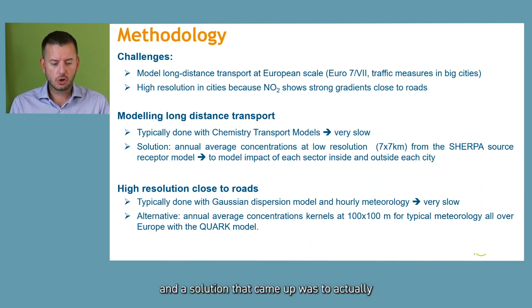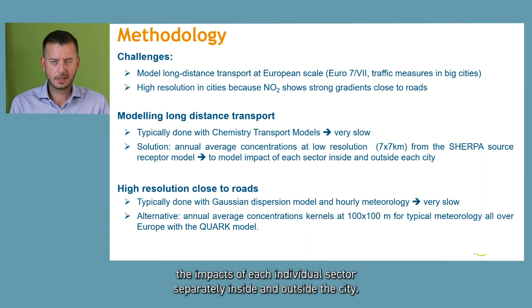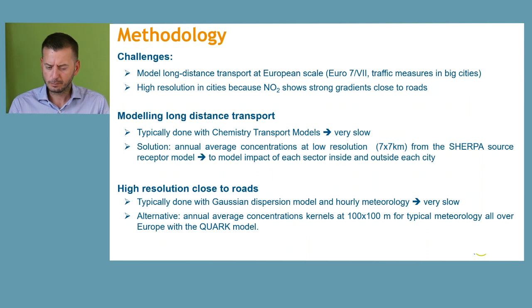And a solution that came up was to use the SERPA source receptor model, a tool developed by JRC, to model the impacts of each individual sector separately inside and outside the city.